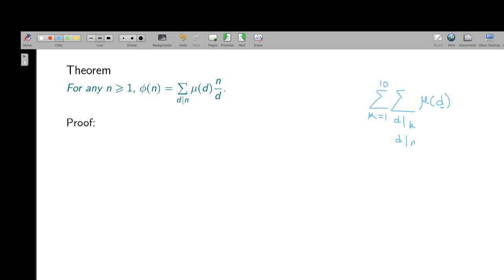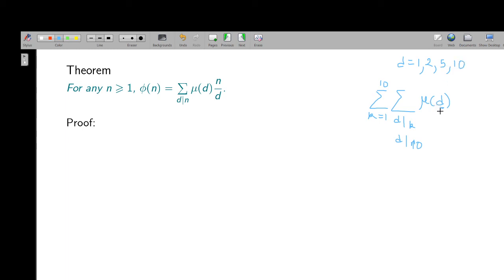What are the different possible values for d? Because n is 10, d has to be a divisor of 10, so it can take values 1, 2, 5 and 10 itself.